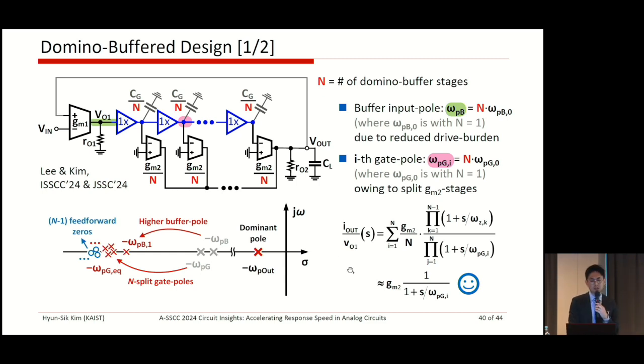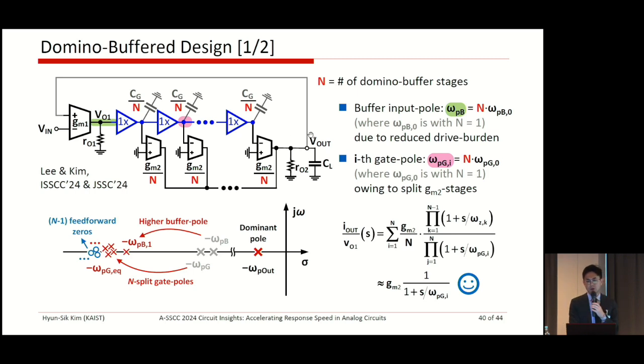The second stage design is split into n stages, so the gate capacitance is split by n. This is a factor of n reduction from the split design, and the buffer also has a reduced burden to drive. The stages are cascaded like this, which is also called progressive drive.